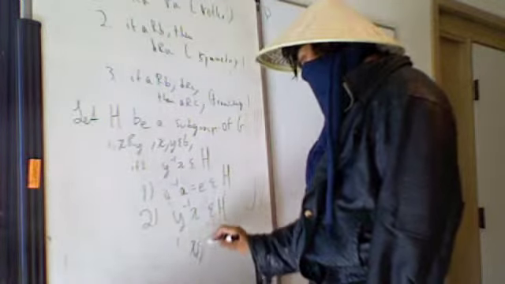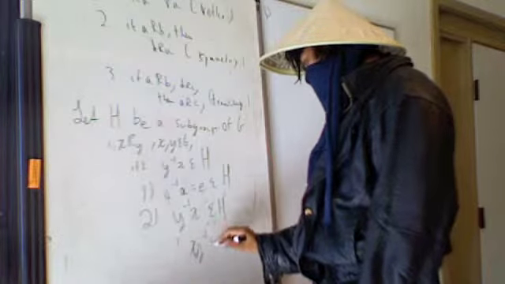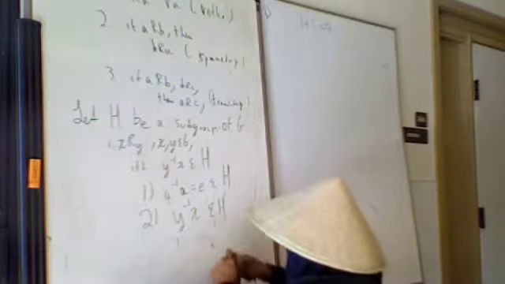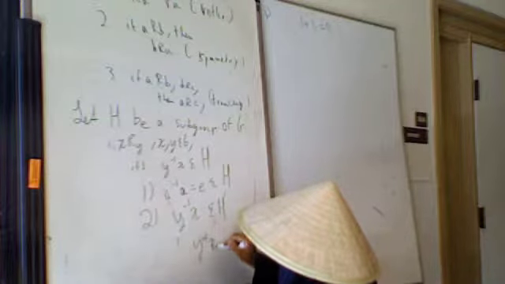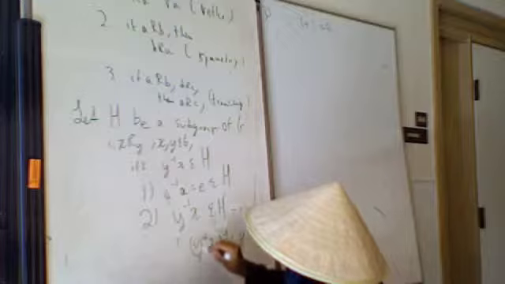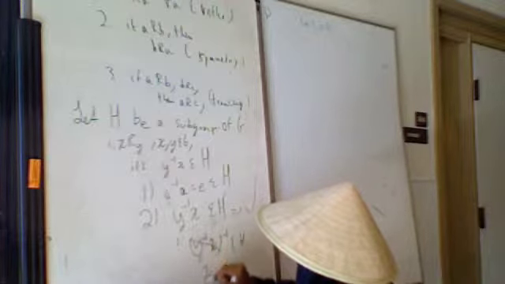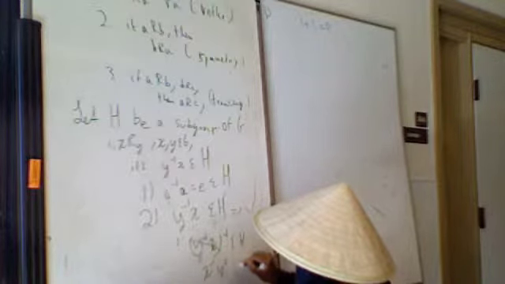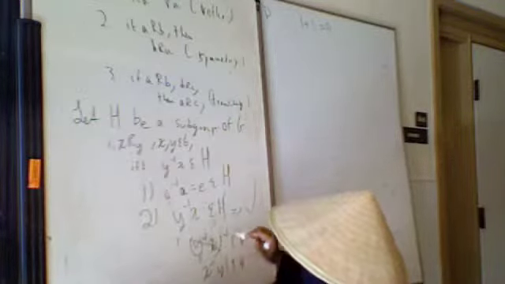So the inverse of y inverse x is in H. But the inverse of y inverse x is simply x inverse y, which is in H. So this says y is related to x. We know x is related to y, and now we know y is related to x. So symmetry holds.